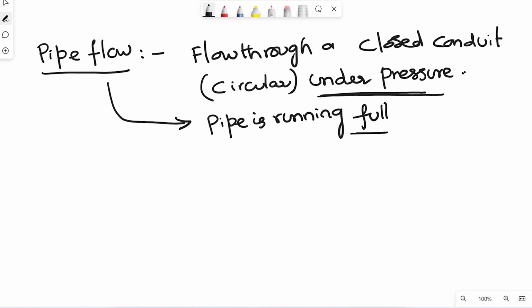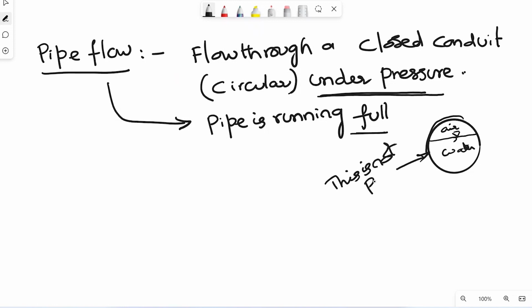Suppose water is flowing only up to half. If this is the pipe and water fills the pipe and flows, then we call it pipe flow. Suppose water is flowing only up to here, with air above and water below, then this is not pipe flow.